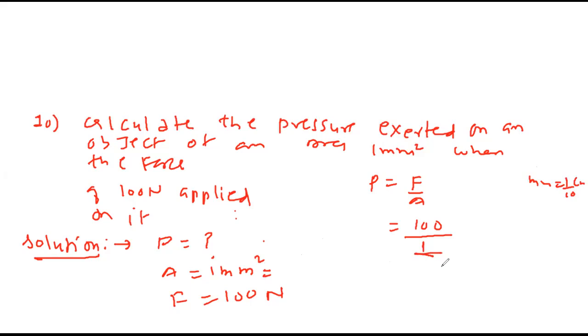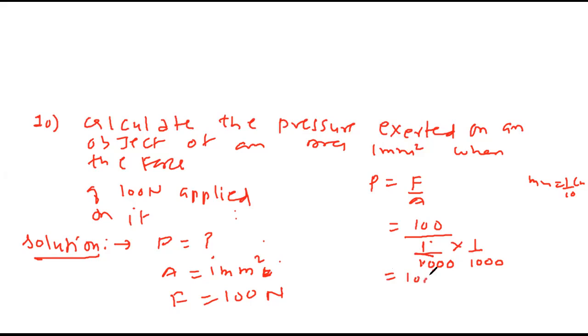But to get meter, I have to divide by 1000. Because it is square, 2 times I have to divide by 1000. Follow? Okay, sir. This is millimeter square, that's why. So 1 millimeter means 1 upon 1000, again 1 millimeter is 1 upon 1000. Followed this part? Yes, sir.